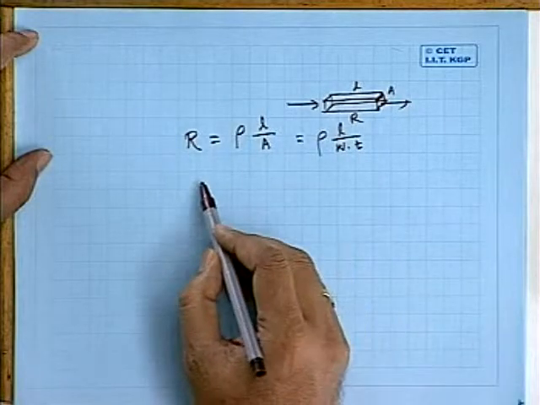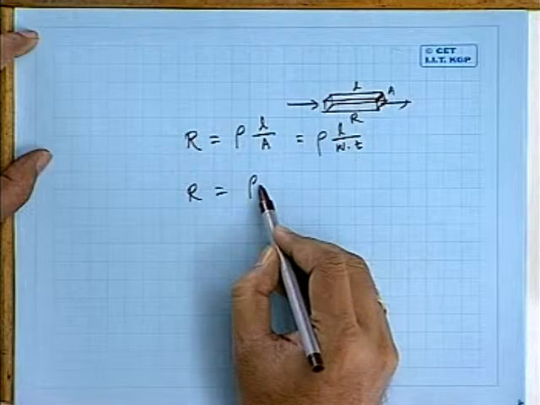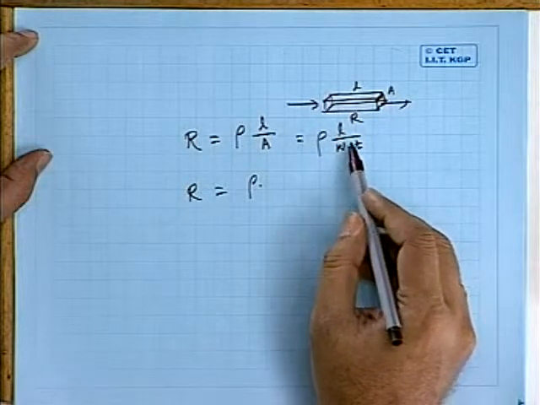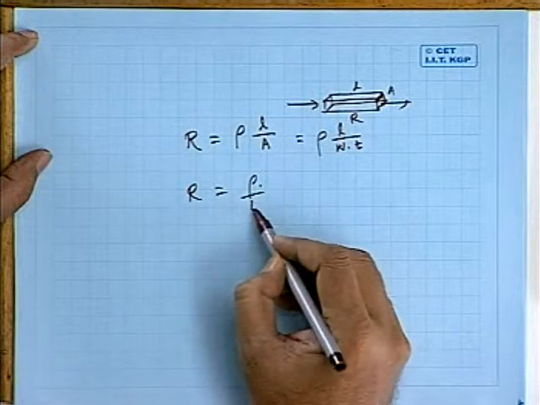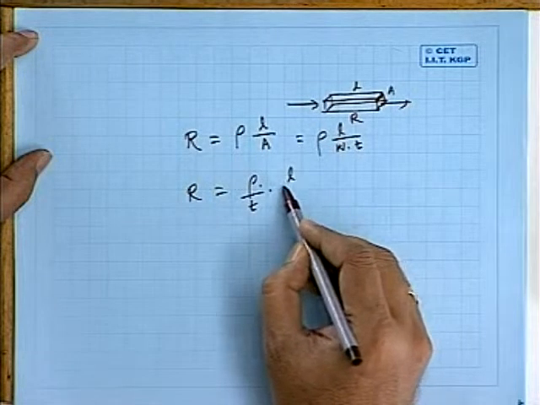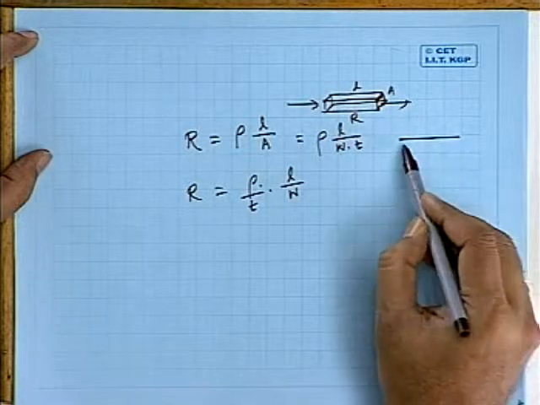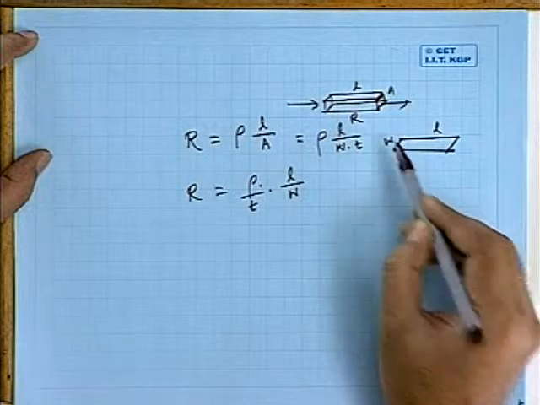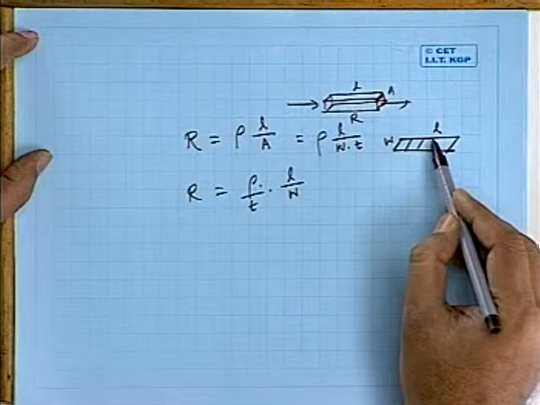Now, if you write R is equal to rho into L by W, L by W is a number of squares. I can say rho by T into L by W. What is L? L is this length and this is the W. So that means this is L and this is W. So L by W will give you the number of squares.